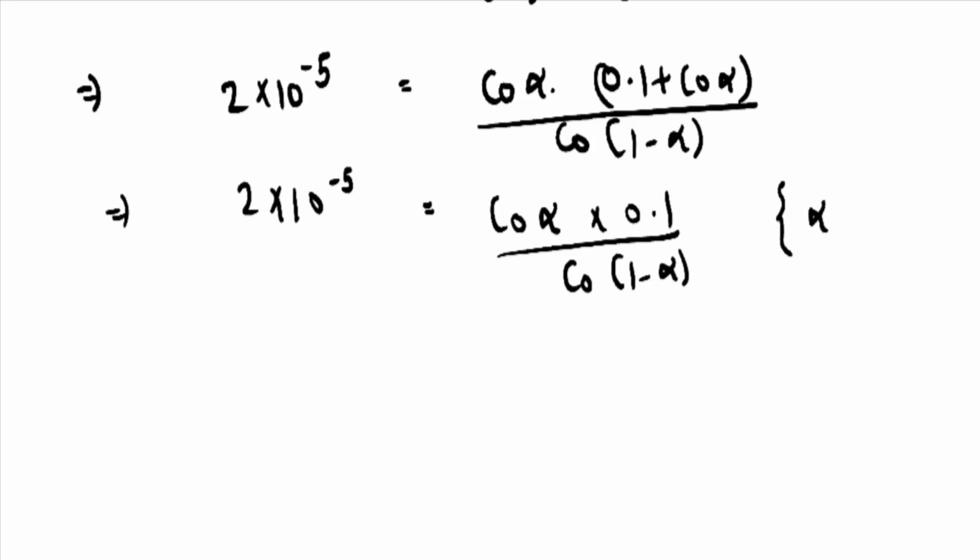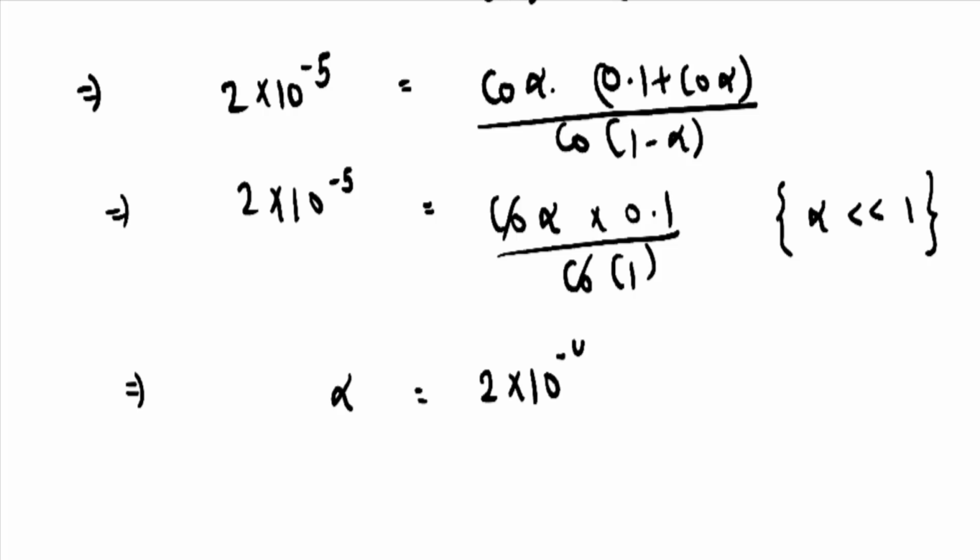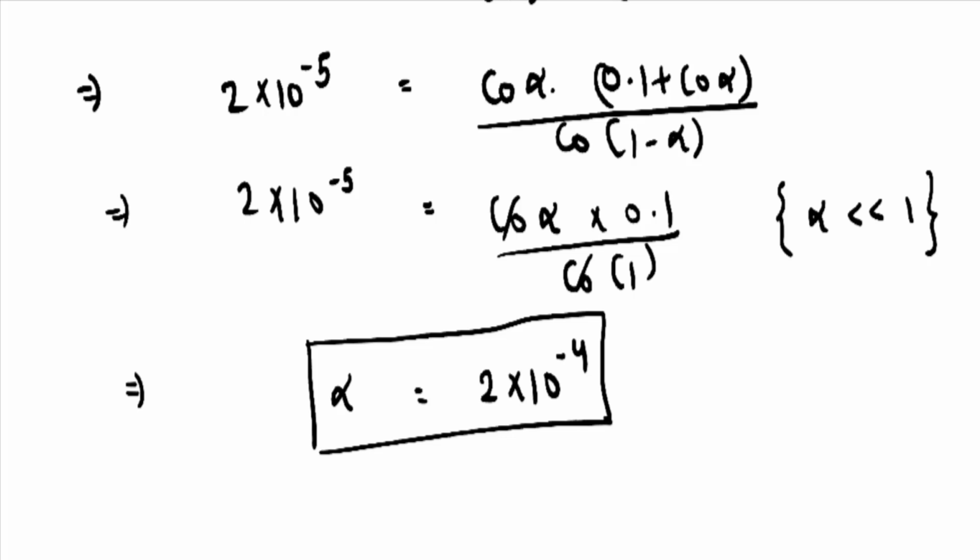Because our alpha is very small, C0 will cancel out, and this term 1 minus alpha is also equal to 1 basically. So our alpha will turn out to be 2 into 10 raised to the power minus 4, which is the degree of dissociation of the acetic acid in the presence of HCl.